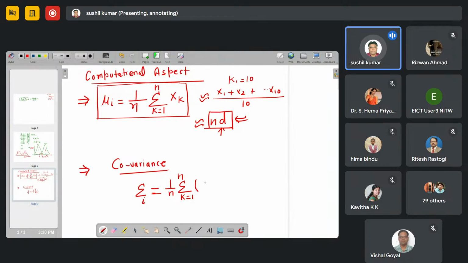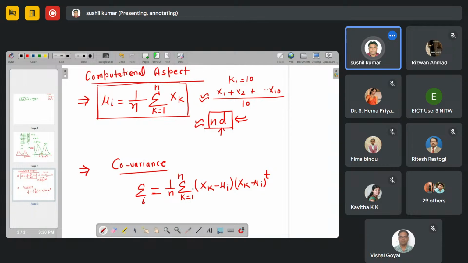How will you calculate it? x of k, the vector you are having, minus mu i, and x of k minus mu i, and the transpose of this one. When we are doing the calculation in Python or in machine learning, we are doing it in matrix form. That's why I'm writing the transpose of this one.